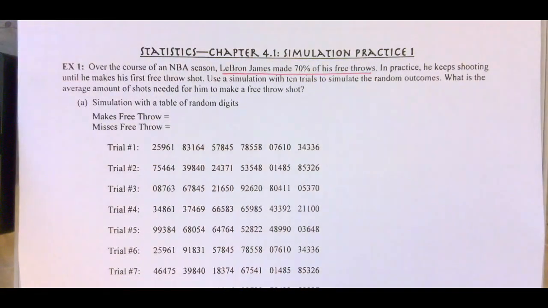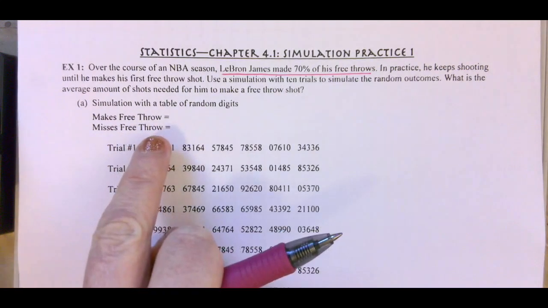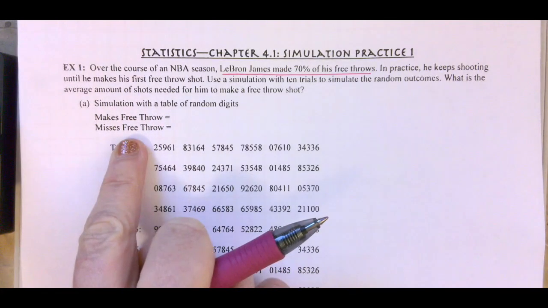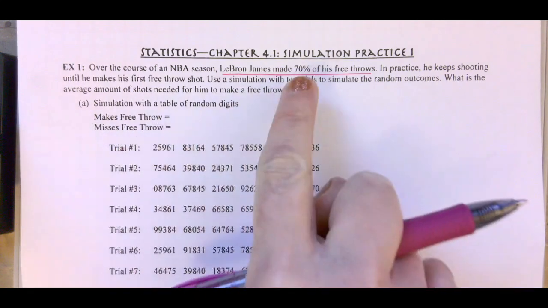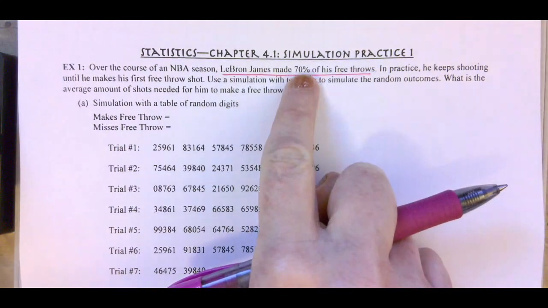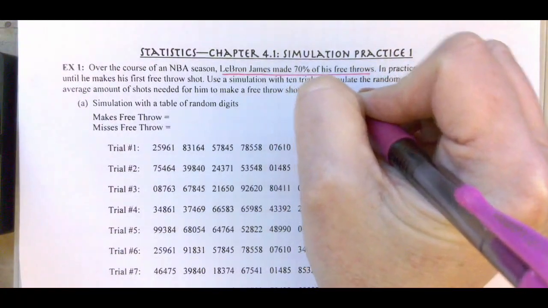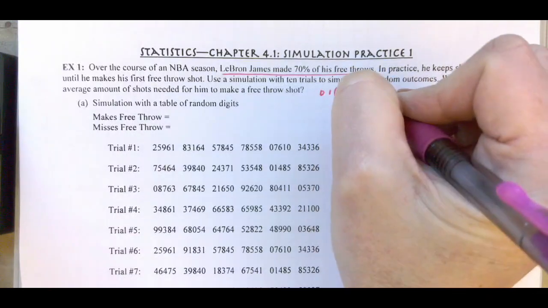LeBron makes 70% of his free throw shots. Okay, so if I'm trying to run a simulation and I want to allocate random digits to him making versus missing a free throw shot, I have to make sure that 70% of my digits go to him making a free throw shot. So remember that the digits that we have available are 0 through 9.